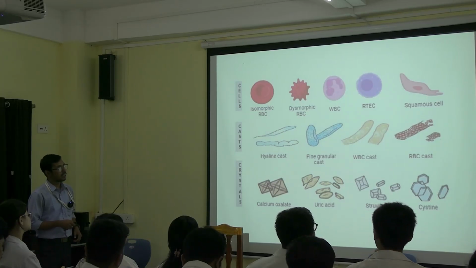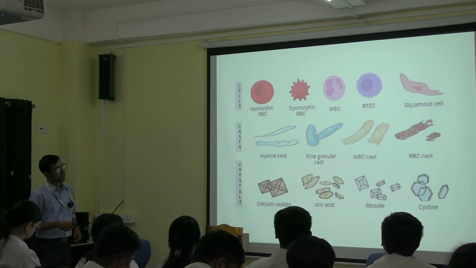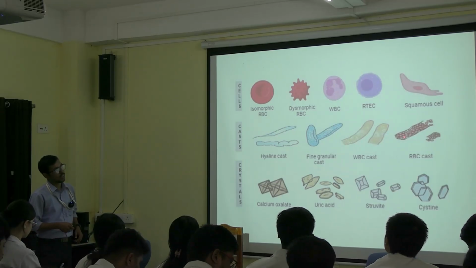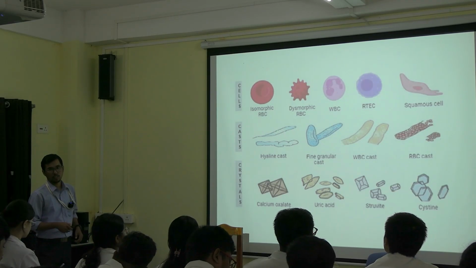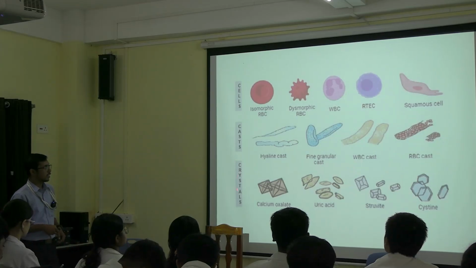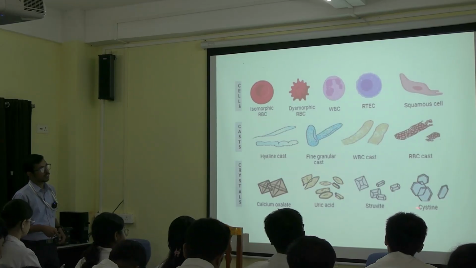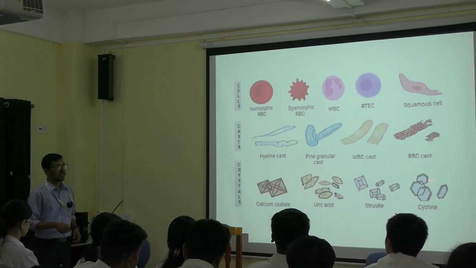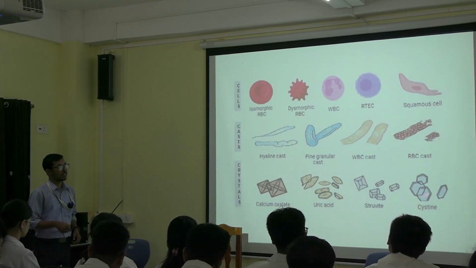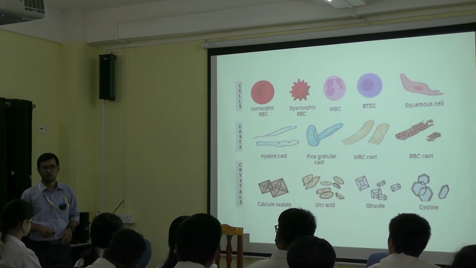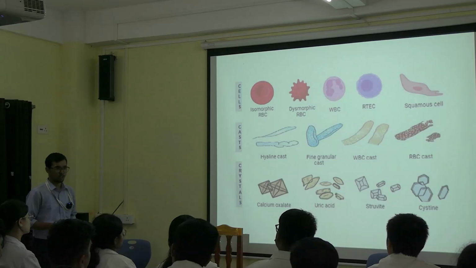Casts are like hyaline cast, fine granular cast, WBC cast and RBC cast. See, these are small RBCs. They clump together. Then crystals like calcium oxalate crystals, uric acid crystals, struvite crystals, cystine crystals. What will happen if these crystals get accumulated for a long period of time? They will join together to form a stone.